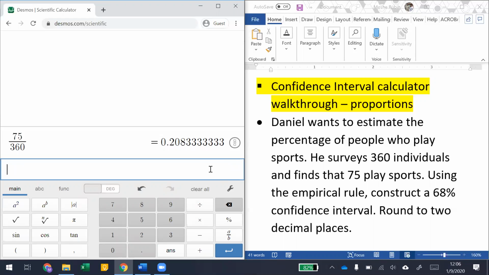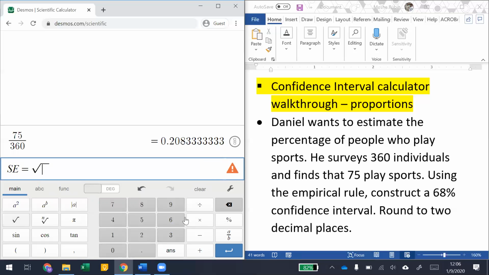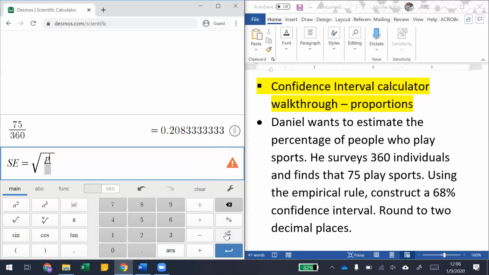The next thing I might want to do is find my standard error. And standard error is a little bit different in these proportions problems. Just for percents, we have this special formula that standard error is equal to the square root of this fraction, which is P times Q divided by N. And Q, by the way, is the percent of people who didn't play sports.